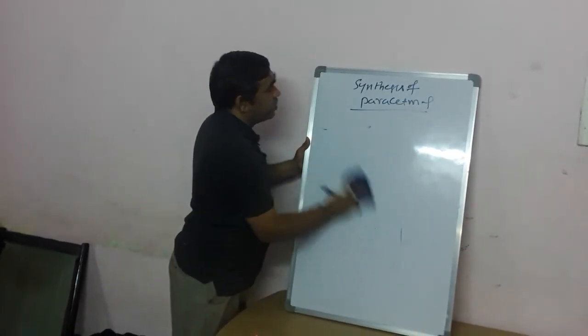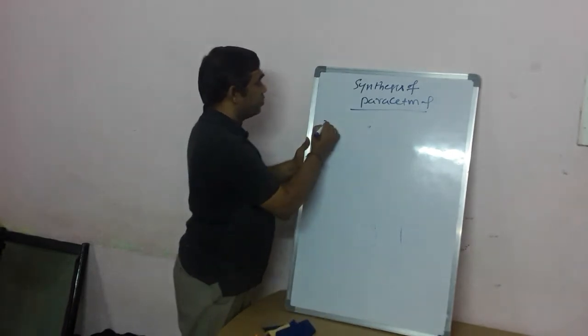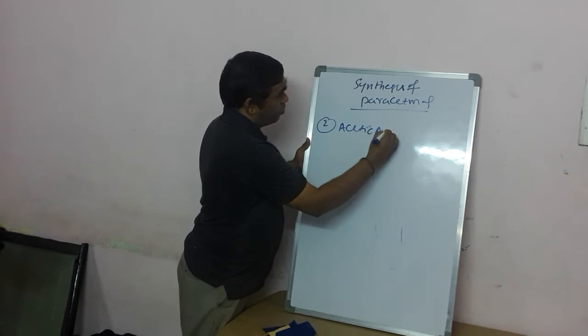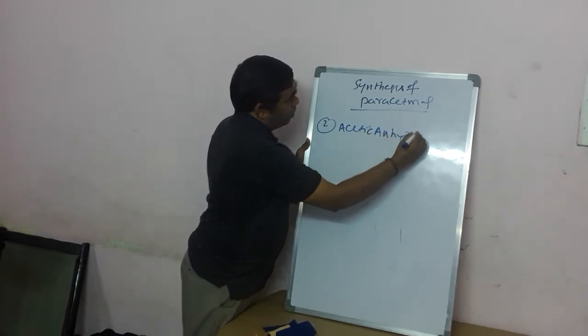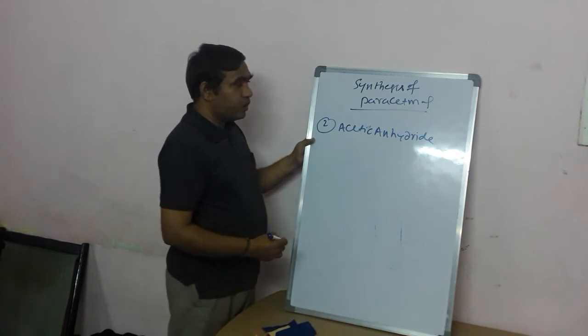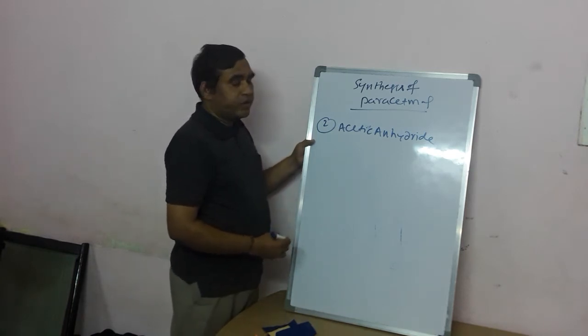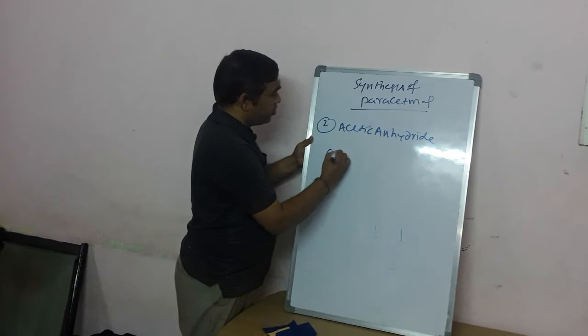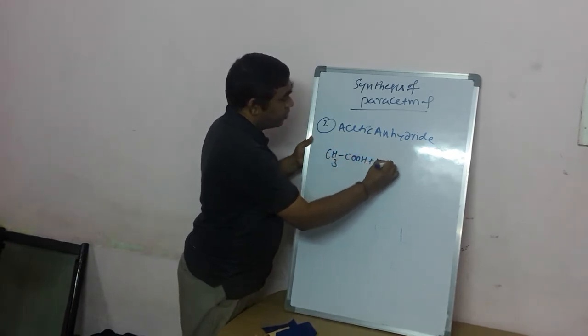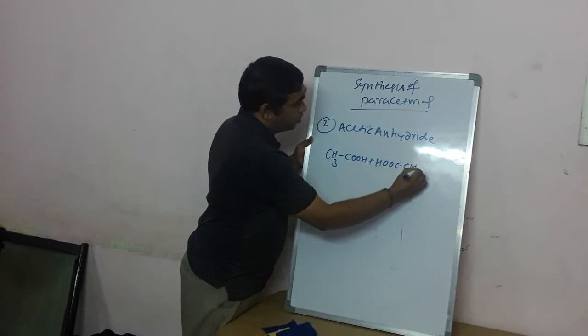The second raw material is acetic anhydride. Acetic anhydride is formed by removing a water molecule from two acetic acid molecules. Acetic acid has the formula CH3COOH, plus CH3COOH.